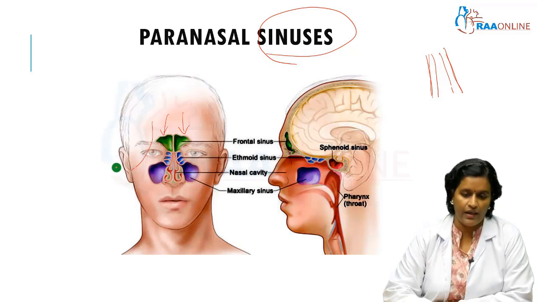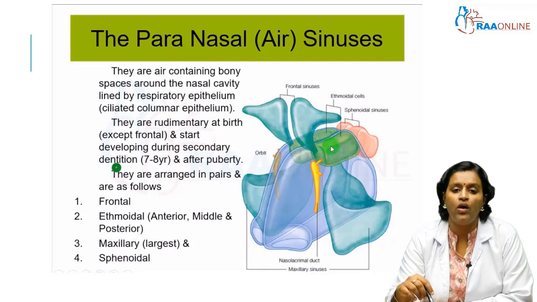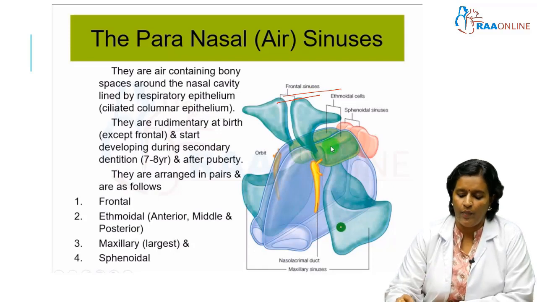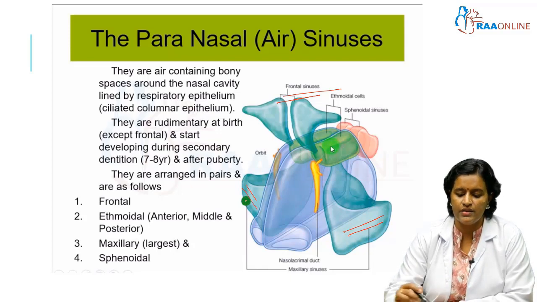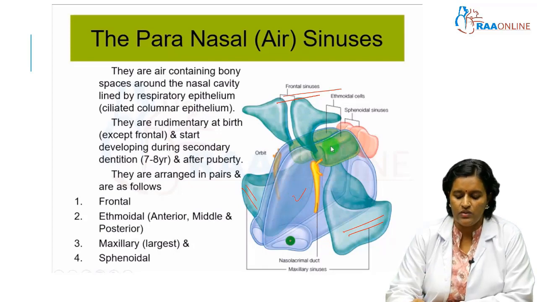So, how many are there? Paranasal air sinuses are arranged in the form of a pair of frontal sinuses, then a pair of maxillary sinuses. So, frontal sinuses are present here above. This blue in color here is the nasal cavity. This one is the nostril, the anterior nasal opening.